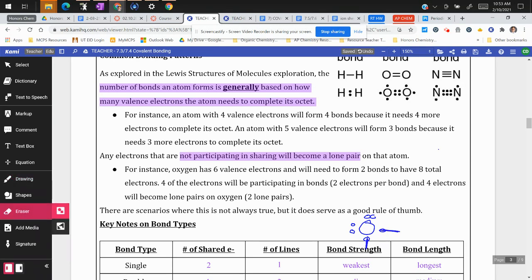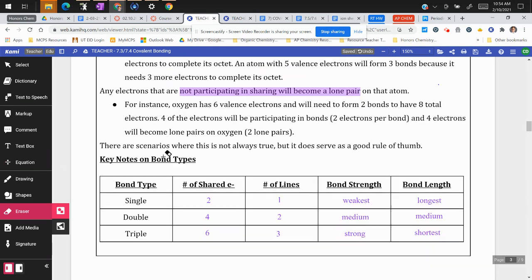So oxygen will share 2 of its valence electrons with 2 other atoms, and those other atoms will in return also share a valence electron. So that way oxygen ends up with its full 8 valence electrons. As I mentioned, there are scenarios where this is not always true, but this serves as a good rule of thumb.